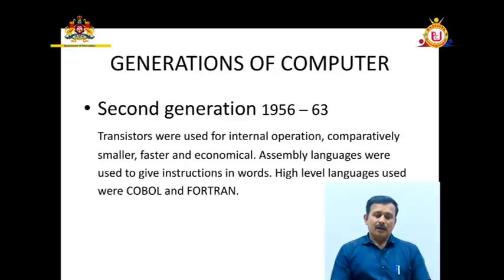Some assembly level languages were used to give the instructions, and the high level languages used there are COBOL, Fortran, etc. Like I told you, COBOL means Common Business Oriented Language, Fortran, Formula Translation and so on. This type of languages were introduced in this generation.